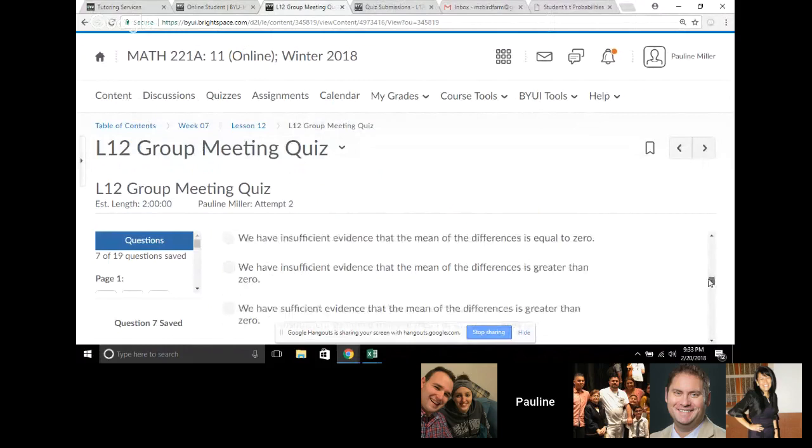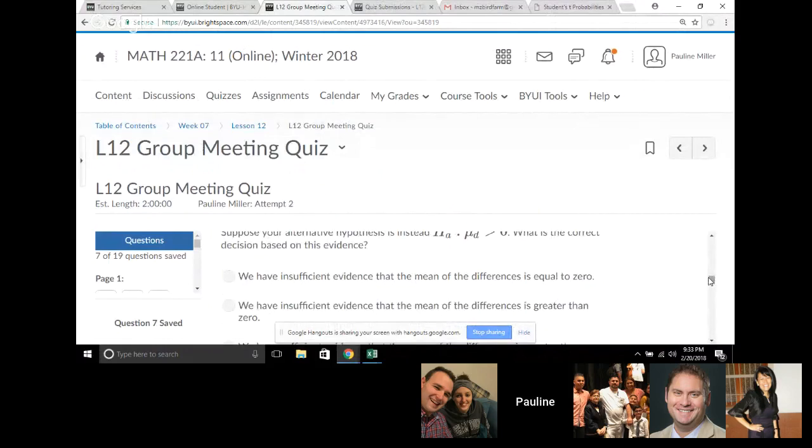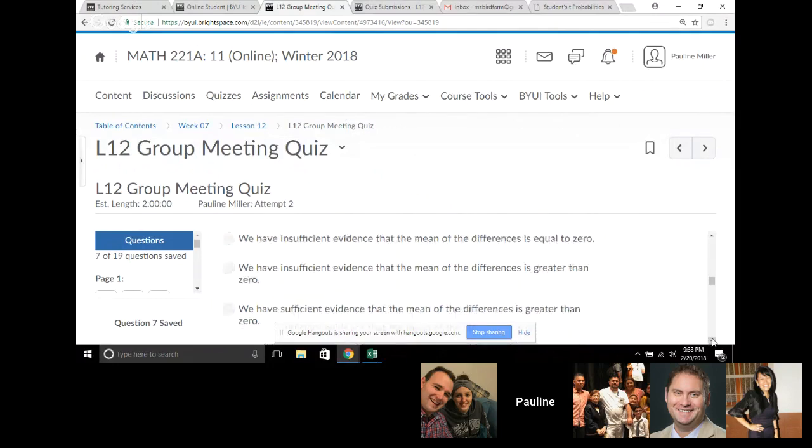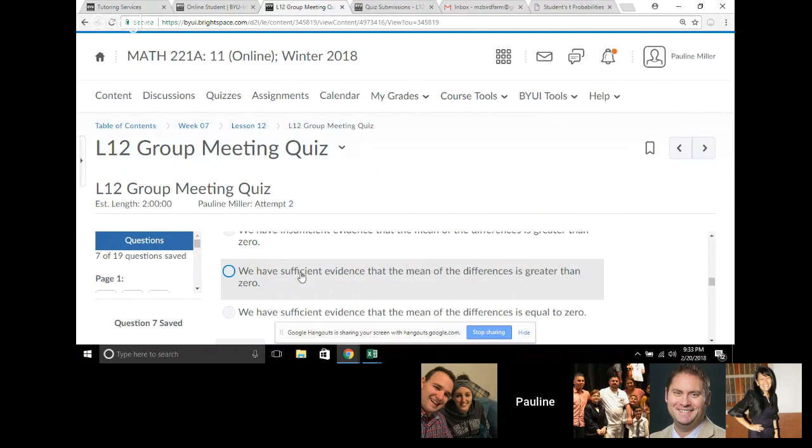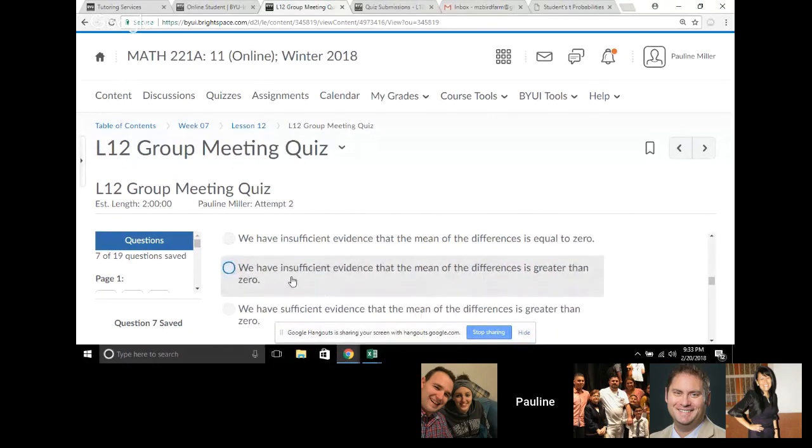So then we're going to reject the null hypothesis. I mean, we're going to fail to reject the null hypothesis because it's greater than. And so I know that we have sufficient evidence. Wait. We have insufficient evidence because we're trying to disprove the alternate hypothesis. So we would have insufficient evidence that the mean of the difference is greater than 0.